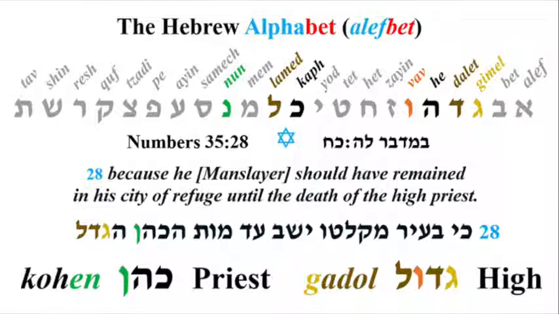It says, because we're talking about a manslayer, somebody accused of manslaughter, he, the manslayer, should have remained in his city of refuge until the death of the high priest. You know, if you accidentally kill somebody, and it's manslaughter, okay, and you are sentenced, what is your sentence? They had set up all over Israel, God set up cities of refuge. Your punishment is you must go to this city, and as long as you are in that city, you're free.